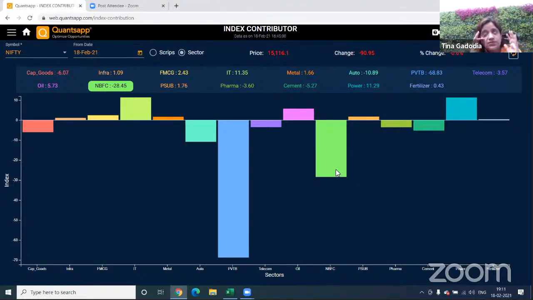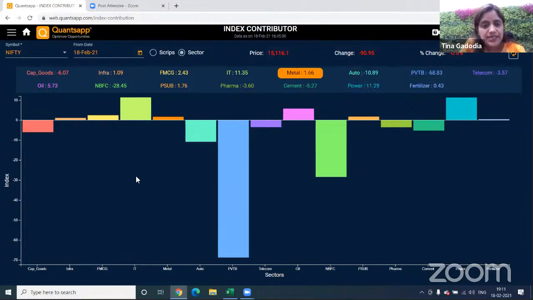Till yesterday it was banking and NBFC which were driving the show, and today it was completely opposite. So who took charge? It was IT and power. These two sectors took the charge. This way you can look at the index contribution for the day and how things are moving.